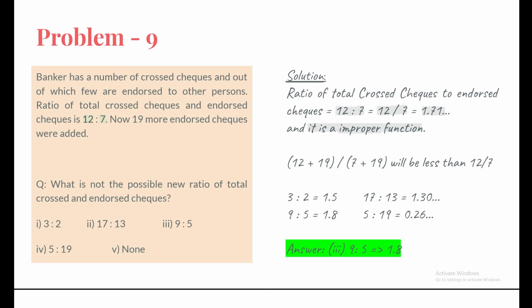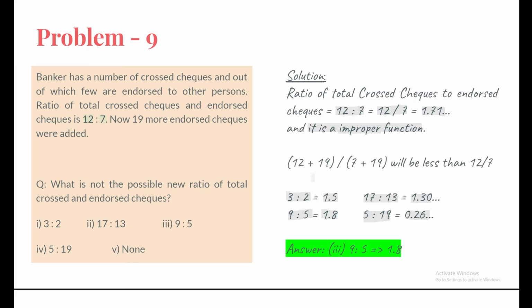Now if you were watching the options given to you, 3:2 is 1.5, 9:5 is 1.8, 17:13 is 1.30, and 5:19 is 0.26. And as we are adding something in an improper fraction, the resultant should be less than 1.71, and as we can see 1.5, 1.3, 0.26 are less than 1.7.